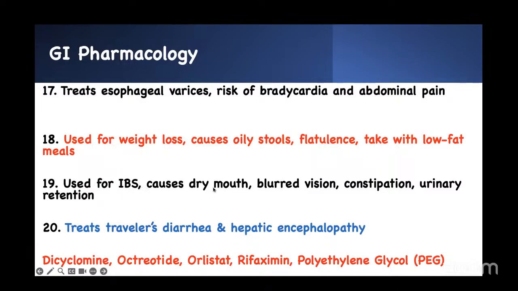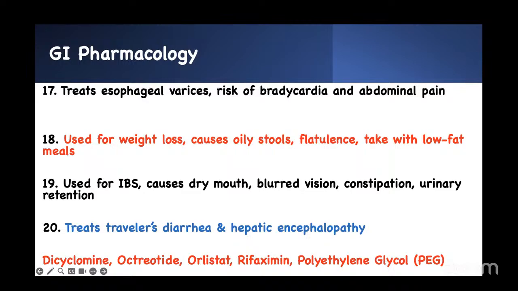It causes dry mouth, blurred vision, constipation, and urinary retention. What do you think? We use it to treat traveler's diarrhea and then hepatic encephalopathy. Is it dicyclomine? Is it octreotide? Is it orlistat? Is it rifaximin or polyethylene glycol?